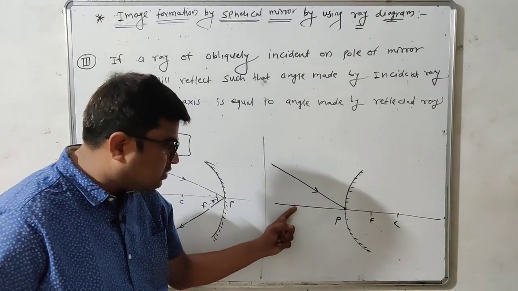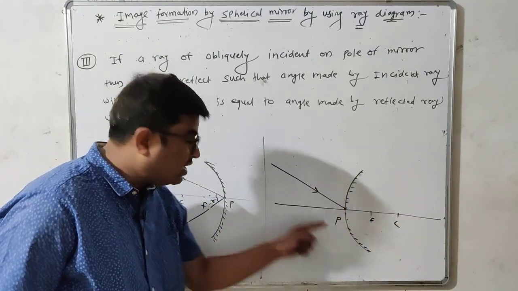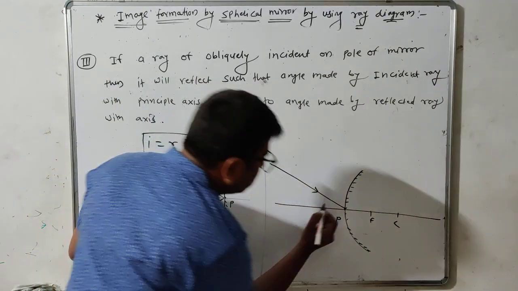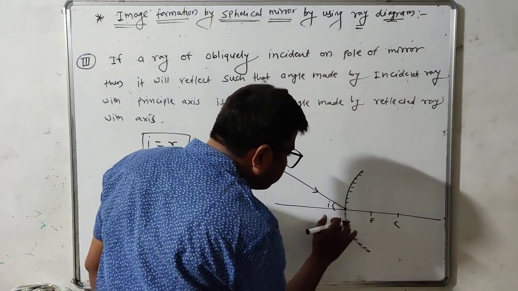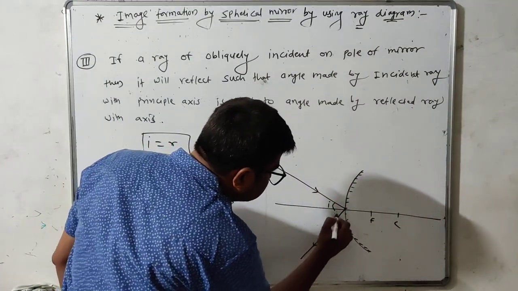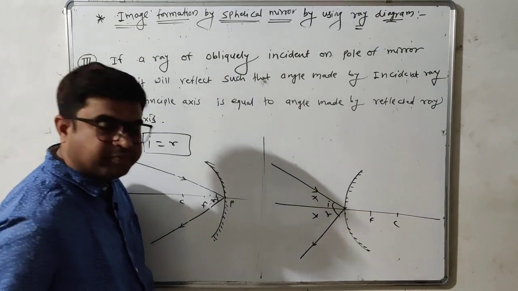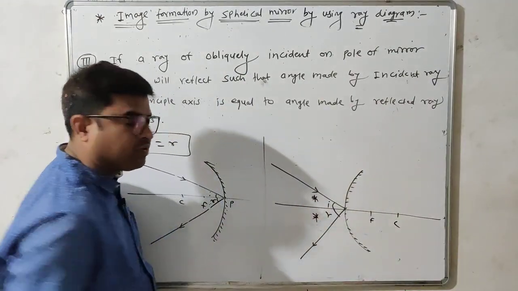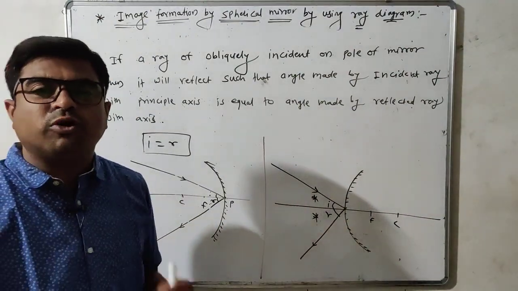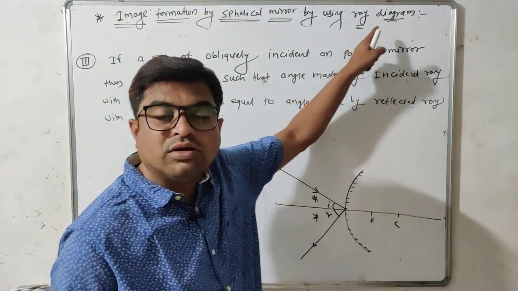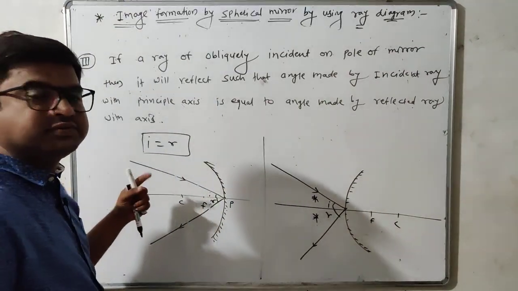The angle made by the incident ray with this normal is called the angle of incidence, and by the laws of reflection, this mirror will reflect this ray such that the angle of reflection is the same as the angle of incidence. That means these two angles must be the same. Got it? This is the next rule which is important for you while drawing a ray diagram.